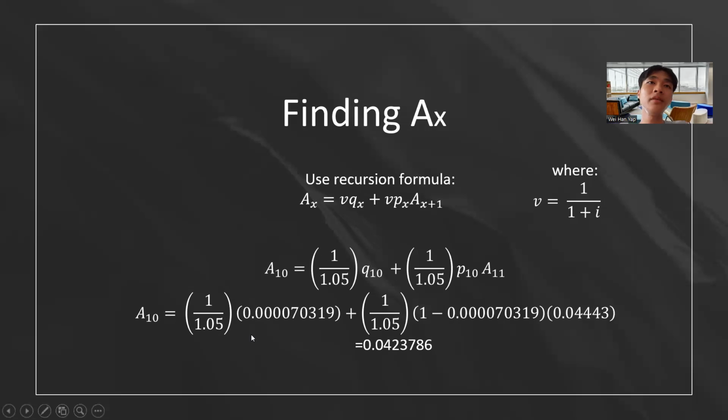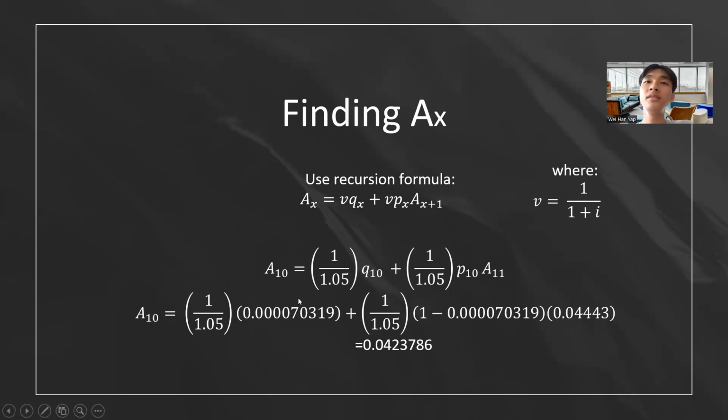Let's do an example again. A10 equals 1 over 1.05, which is our v, times 0.0000703319, that's our qx, plus our v again times px, which is just 1 minus qx, times Ax plus 1, which we can obtain from A11.